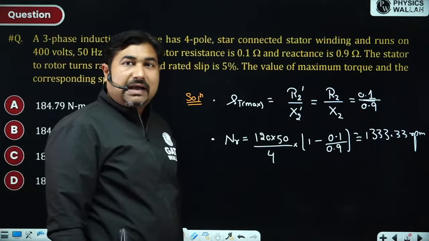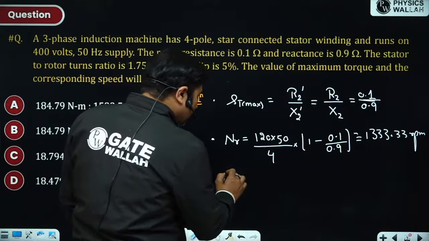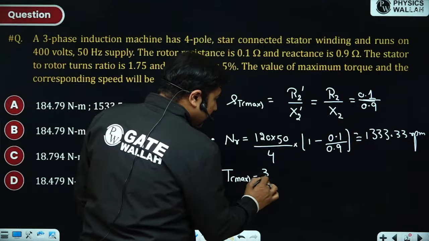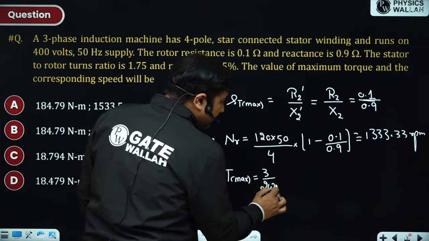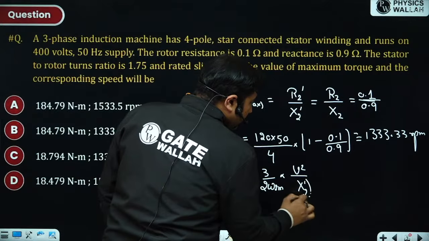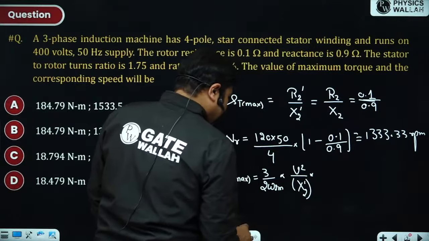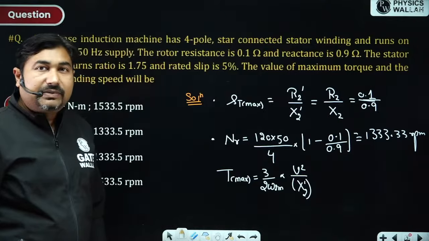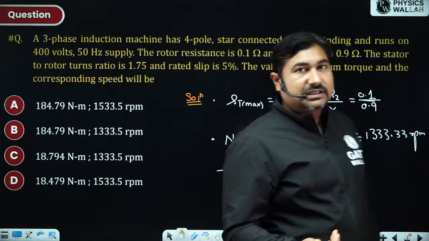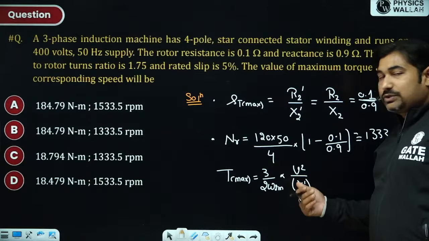And next you need to find the value of maximum torque. How to calculate maximum torque? Sir, we all know maximum torque is defined as 3 by 2 omega Sm into V square by X2 dash, on neglecting stator impedances, since no information is given related to the stator impedances, so we have to choose this only.